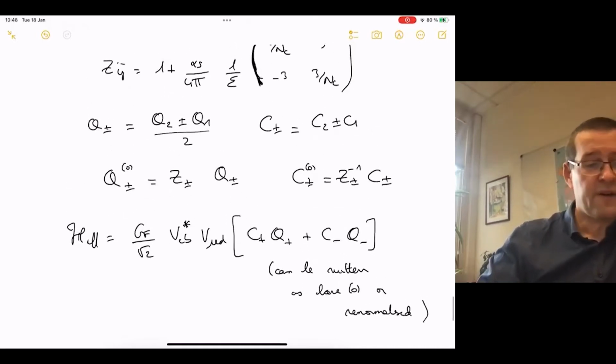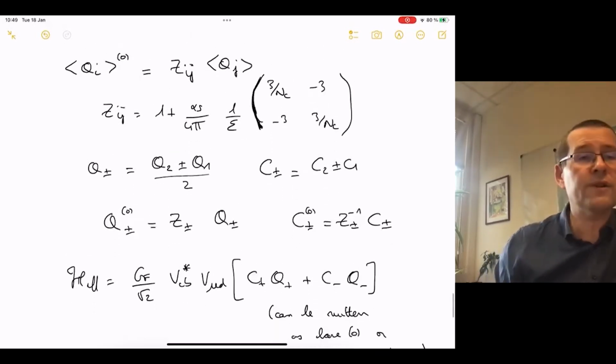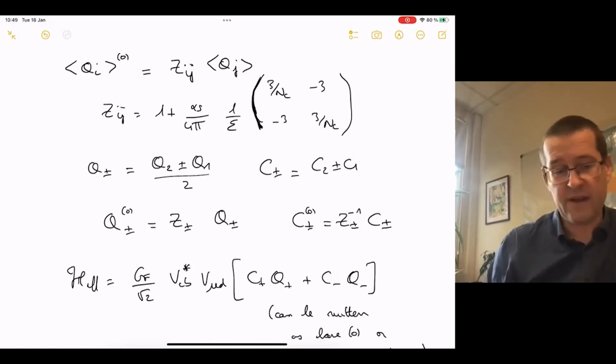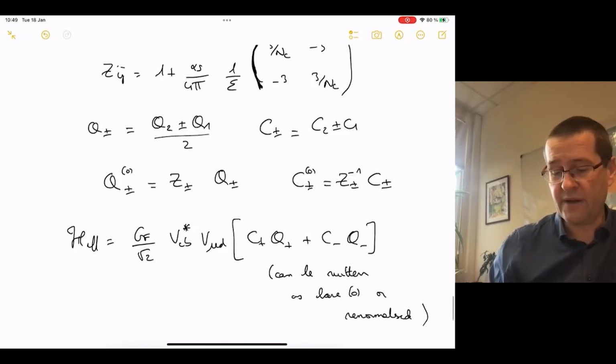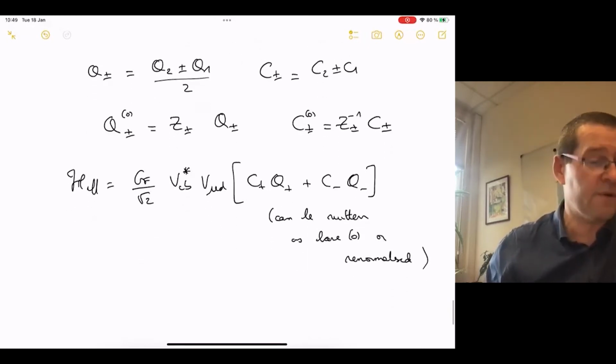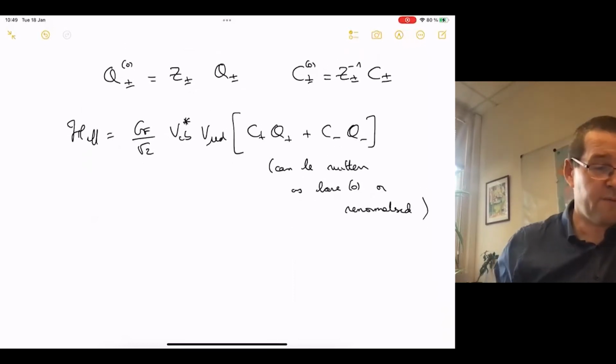And now you see that because you have defined also your renormalized Wilson coefficients, you can determine the way they're going to vary with mu. And so that's the other part that can be done from the expression.